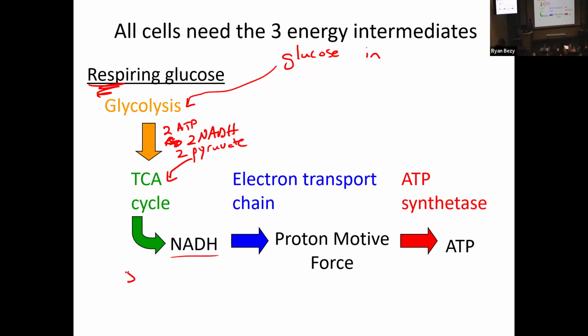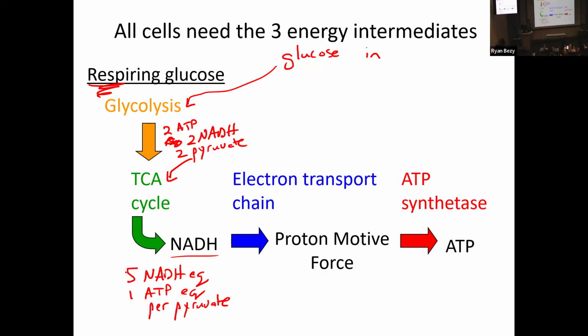I think somebody said it. It makes 5 NADH equivalents, and 1 ATP equivalent per pyruvate that goes in.